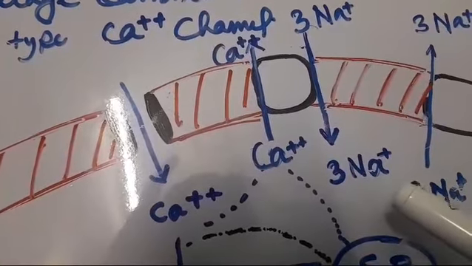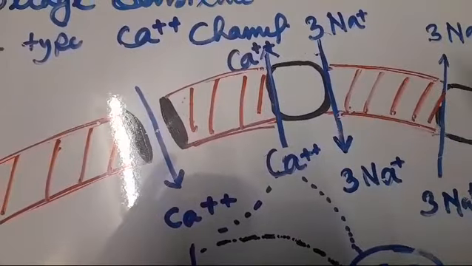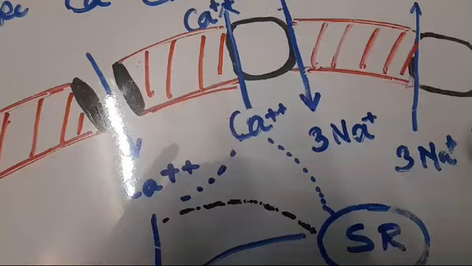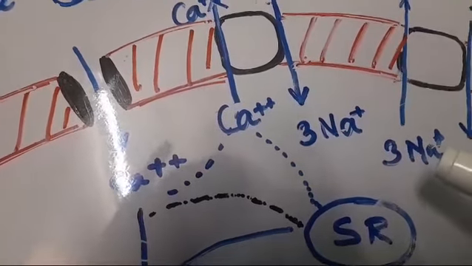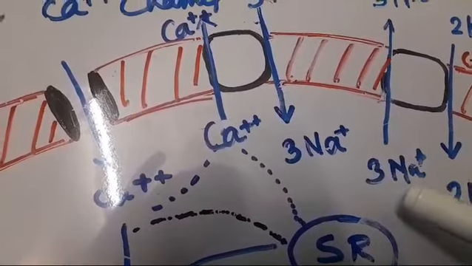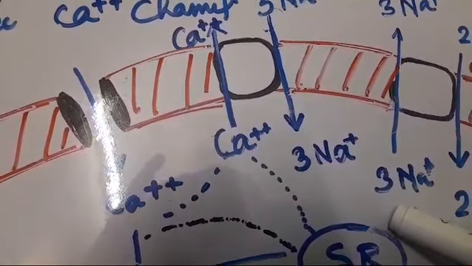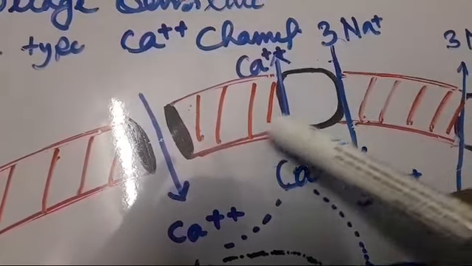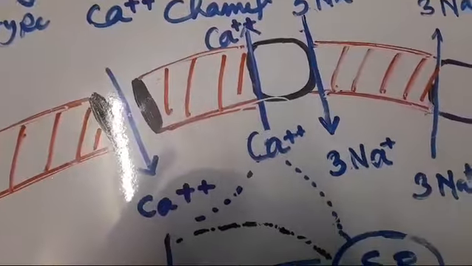In normal condition, calcium is excreted out, but in presence of digoxin, due to blockage of sodium potassium ATPase and due to accumulation of intracellular sodium, this sodium exchanges with calcium, so there is intracellular accumulation of calcium.